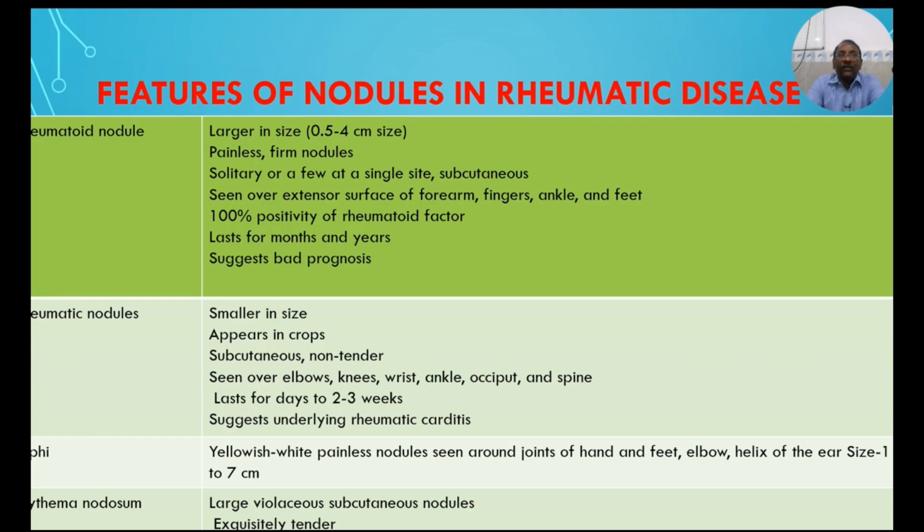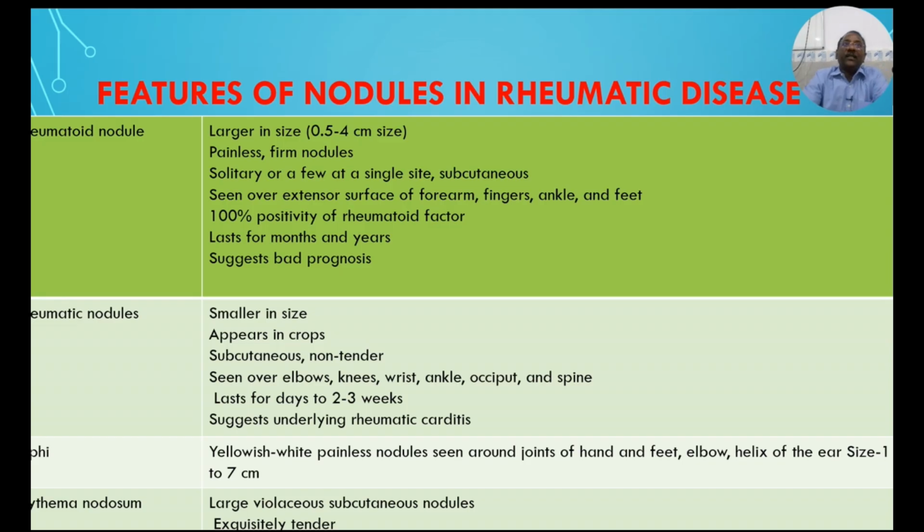So the presence of rheumatoid nodules in a rheumatoid arthritis patient says that the disease is very aggressive and you must treat with multiple drugs, like a combination of antihypertensive medications or combination OHA. In the same way, rheumatoid arthritis with rheumatoid nodules, we definitely have to treat very aggressively because the prognosis is bad.